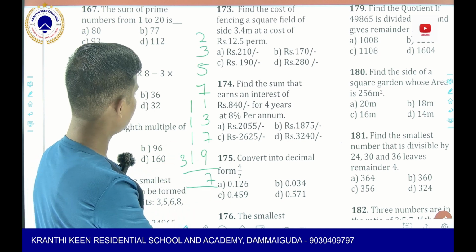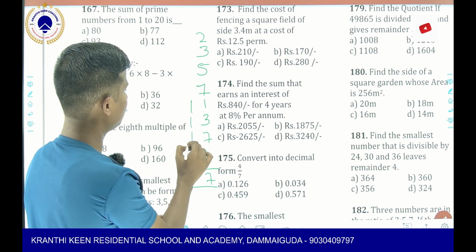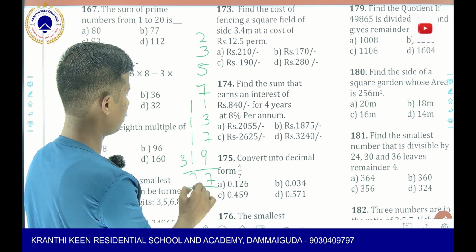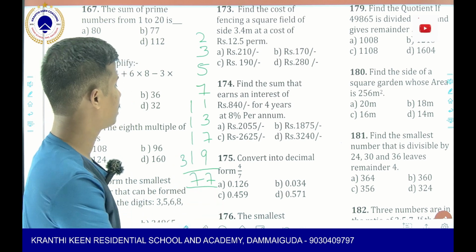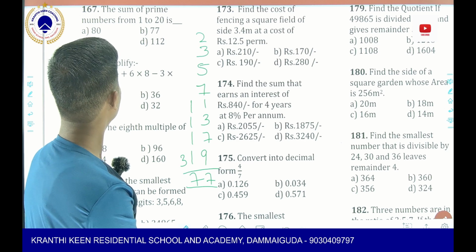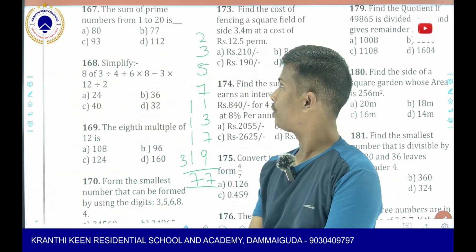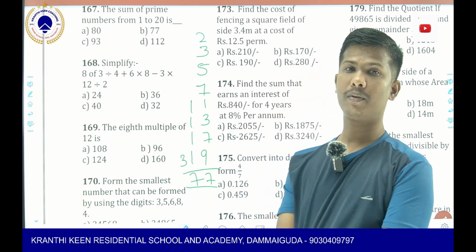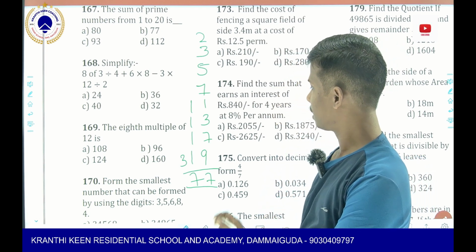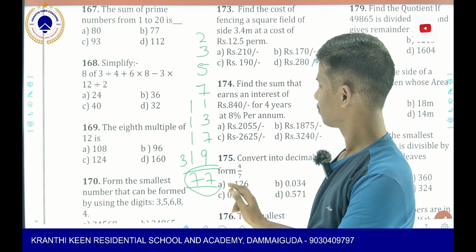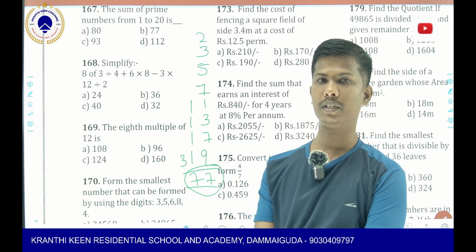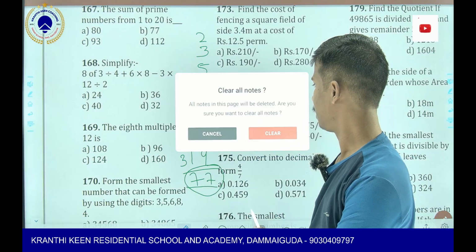And the next one: 4 plus 3, 7. You will get 77 as the correct answer. That means if you add the prime numbers from 1 to 20, their sum will become 77.